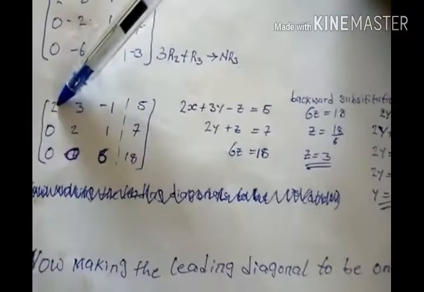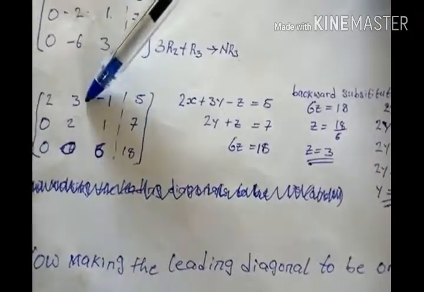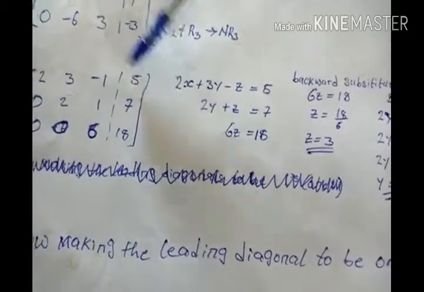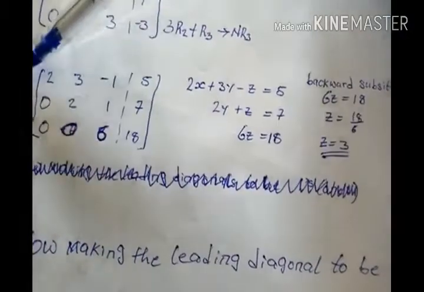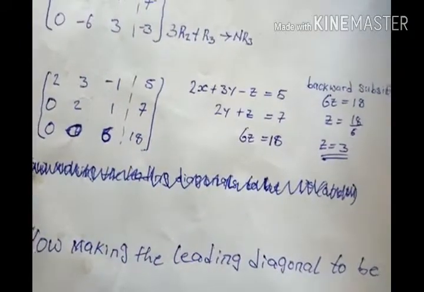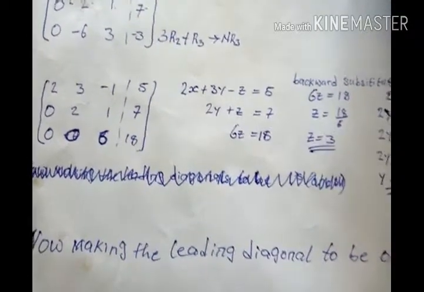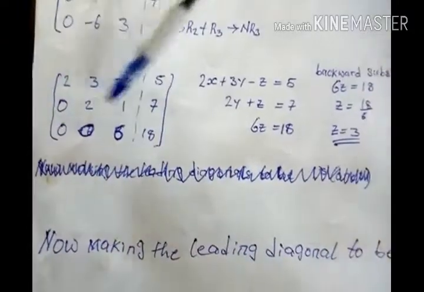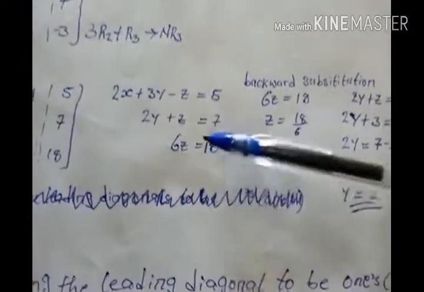The 2 I have here becomes 2x plus 3y minus z, equal to this 0. I forget about it because 0 cannot add anything and cannot change. So I have this, and here I eliminate. So this is how my equation will be now.